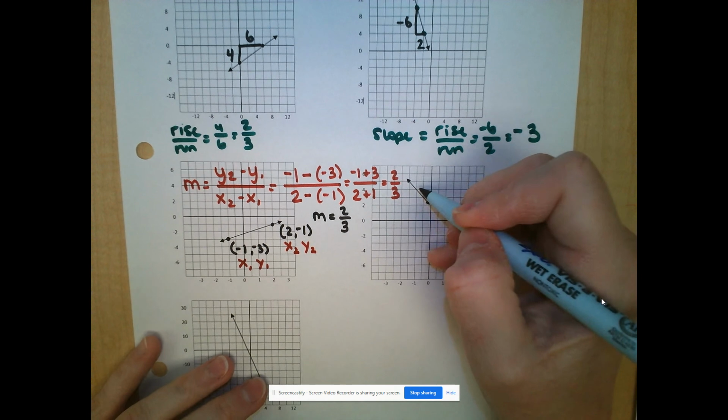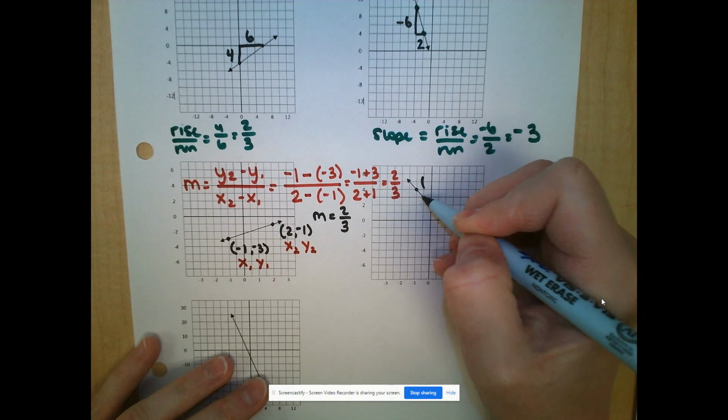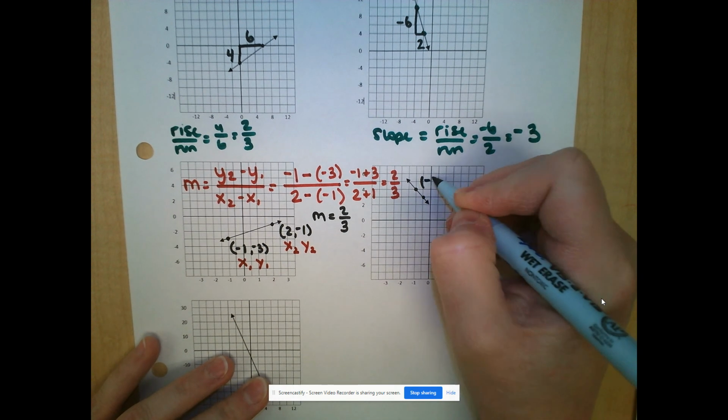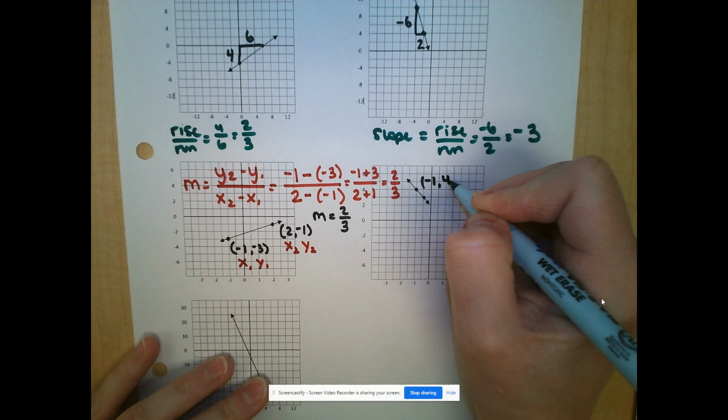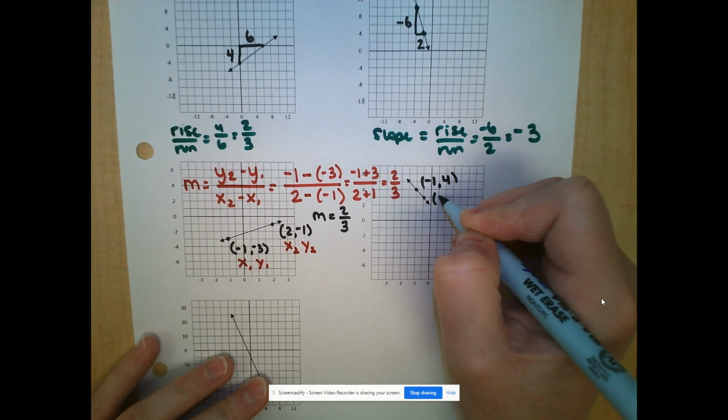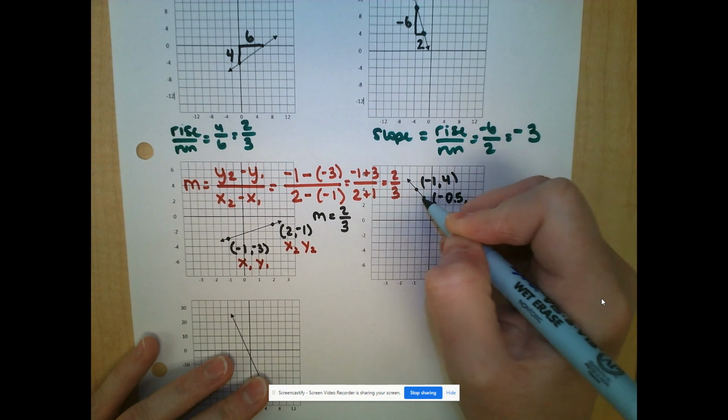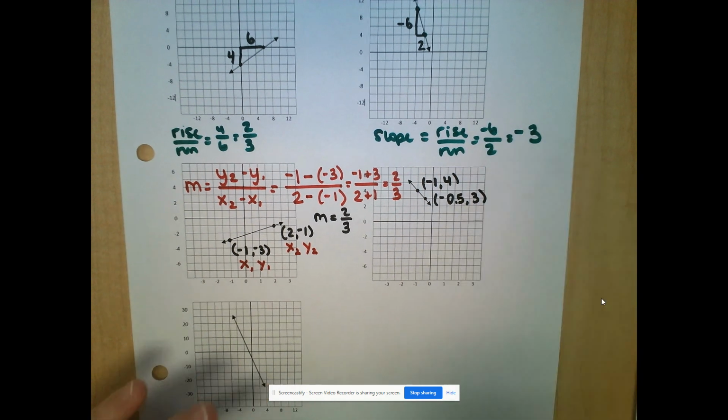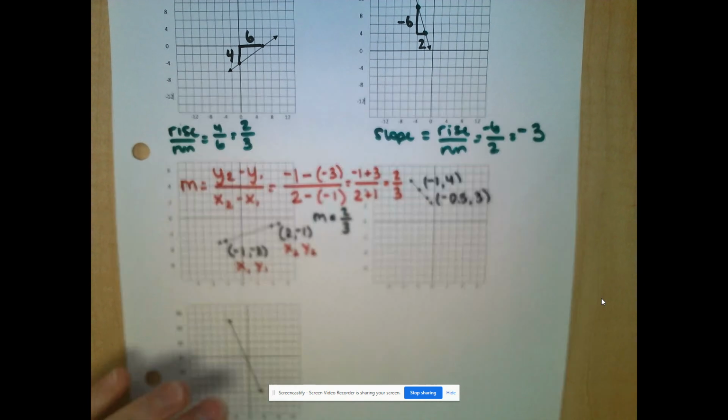So if I find two friendly coordinates, so this one is negative 1, 4, and this one is negative half, 3. Well, I don't know. Maybe I want to count the squares and say I went down this much and right this much. Let's try that alternative.